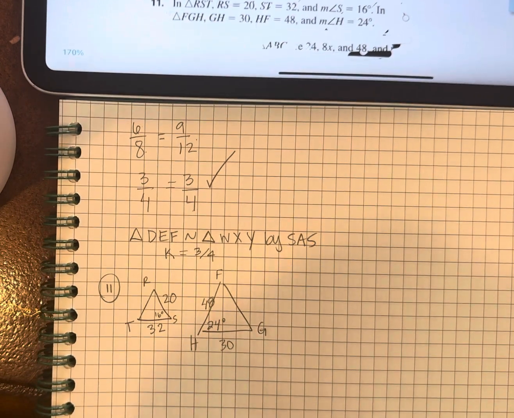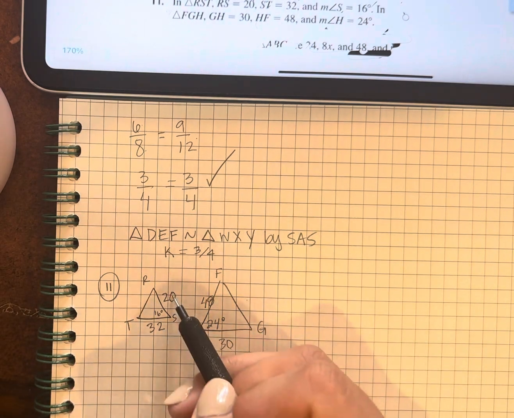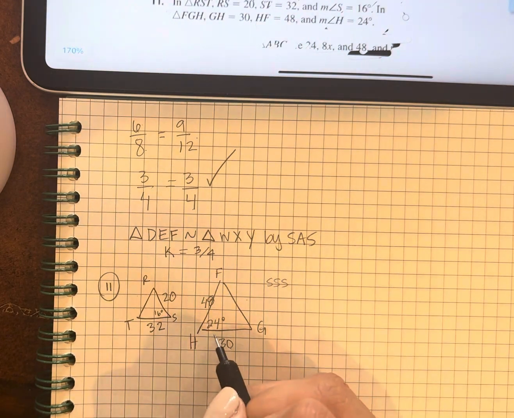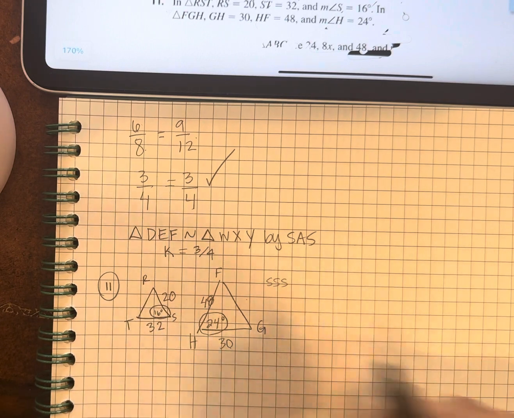Okay, what a weird problem, because I don't have enough information. I don't see how I possibly could. I don't have 3 sides to compare ratios and go SSS. And then sure, they've given me 2 angles, but they must be congruent, and they're not.